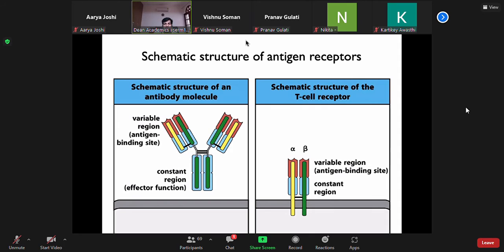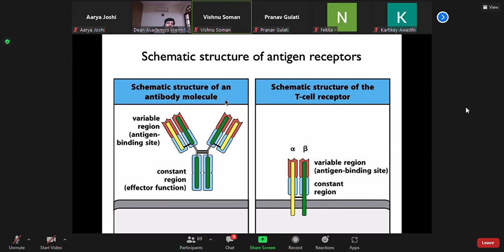There's something in the chat box. Can somebody read it? Nikita is asking, how do B cells neutralize the antigen after binding?